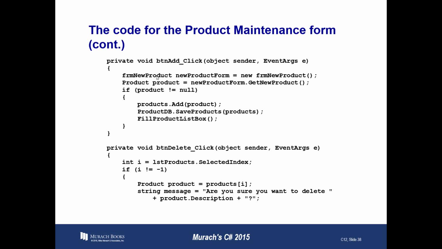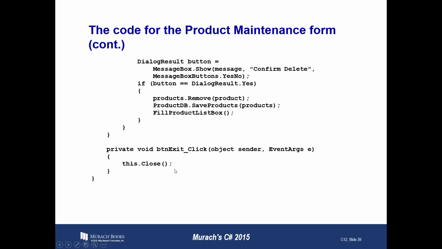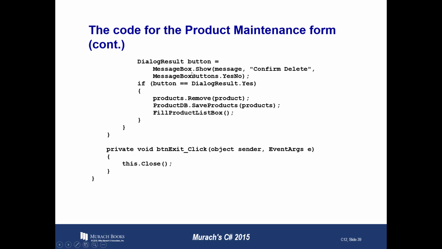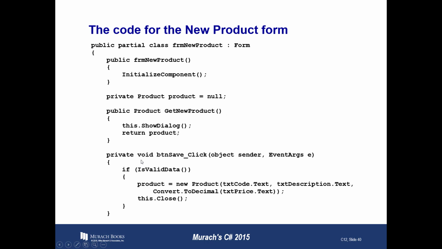A code, a description, and a price. We fill those out, and we add it to the list box. We can also delete current products. Before we delete a product, we ask, are you sure you want to delete this? If you say yes, it's gone, and exit will close the program.